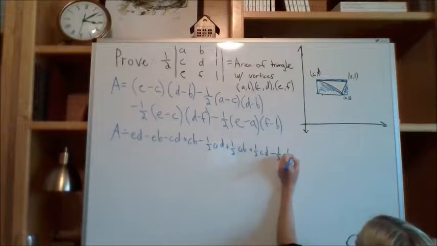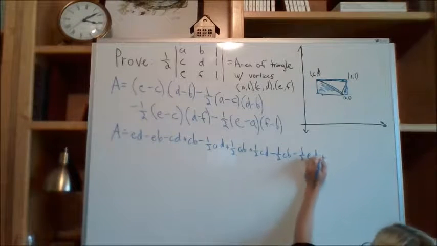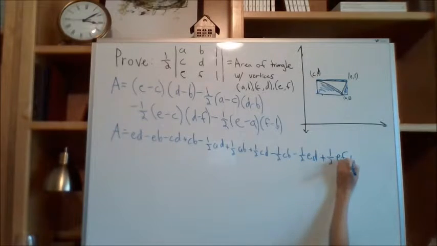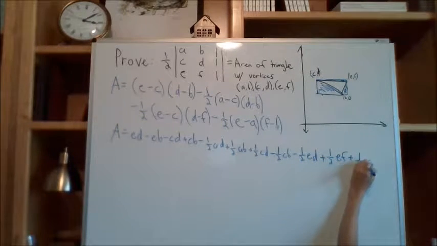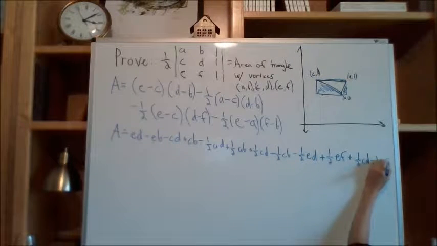Next triangle, minus 1/2 ED plus 1/2 EF plus 1/2 CD minus 1/2 CF.